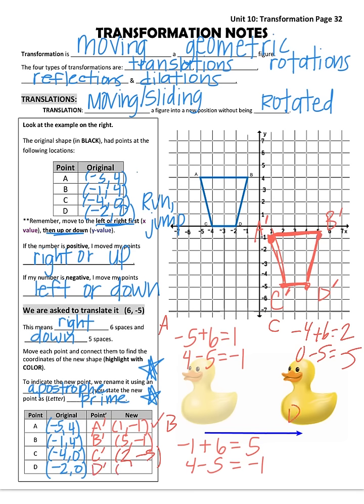So I'm just showing you different methods of calculating where the points for the prime should be. You could do addition, or you could just count the units, count your squares. Alright, so D's x was negative 2 plus 6, which is 4. Y was 0 minus 5, which is negative 5.